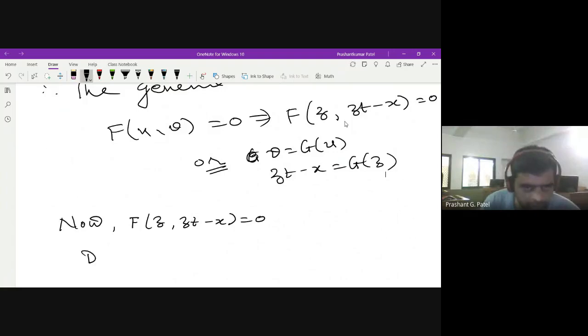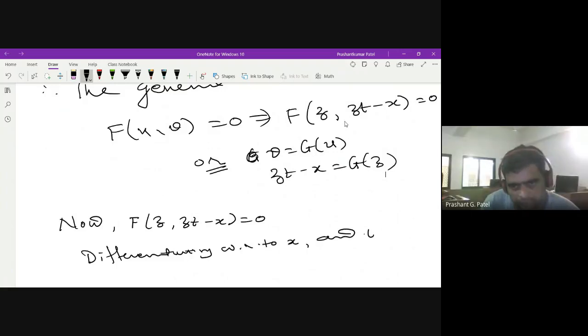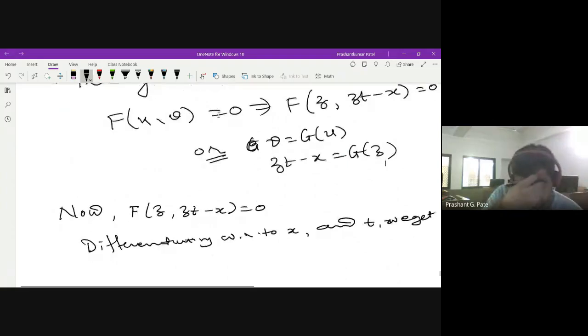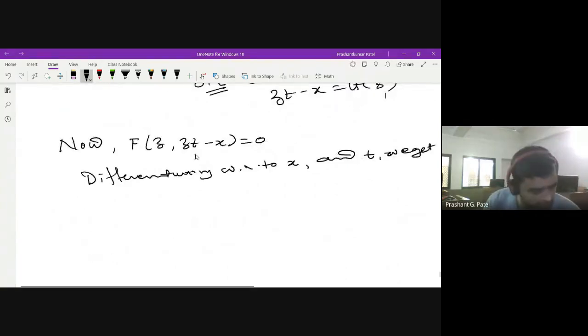So differentiating with respect to x and t, we get. First let's differentiate this with respect to x. Then what will we have?